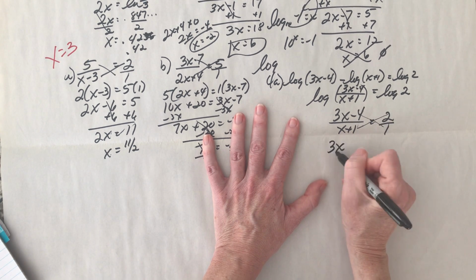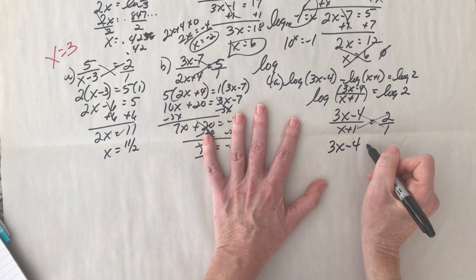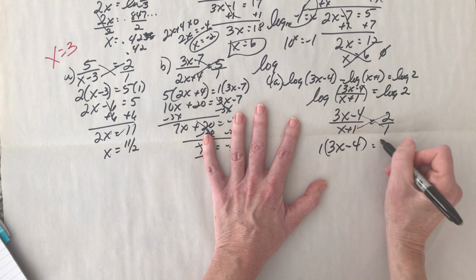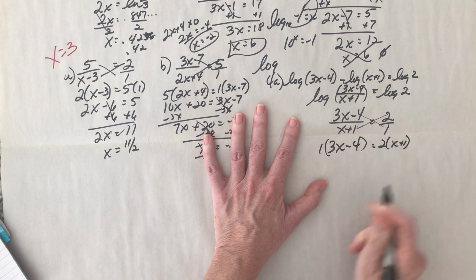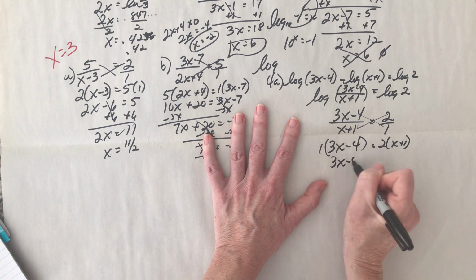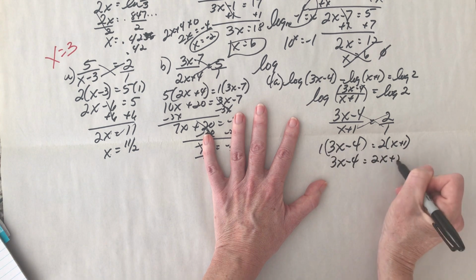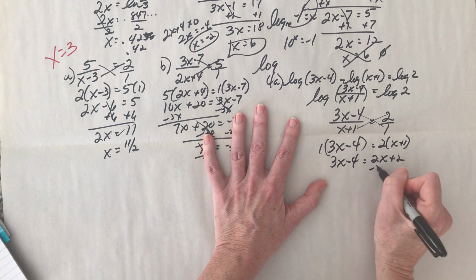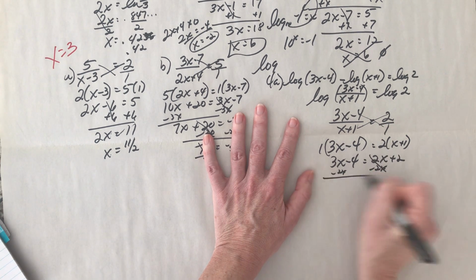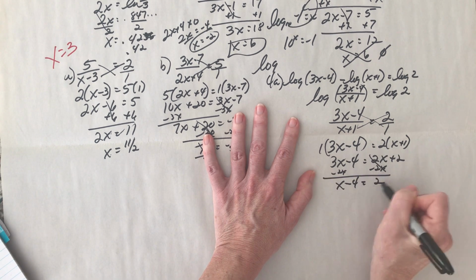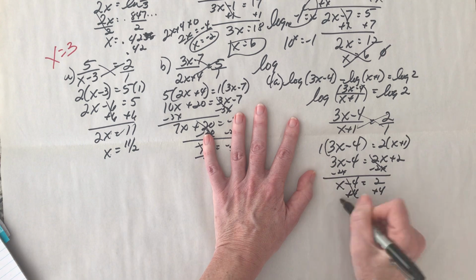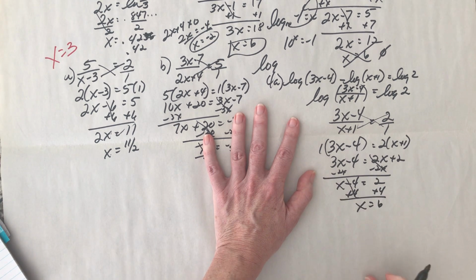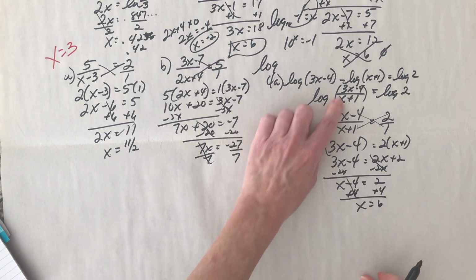So we get 3x minus 4 times 1 equals 2 times x plus 1. So 3x minus 4 equals 2x plus 2. Move the 2x over. x minus 4 equals 2. Add the 4. x equals 6. Let's just make sure we're going to be okay.